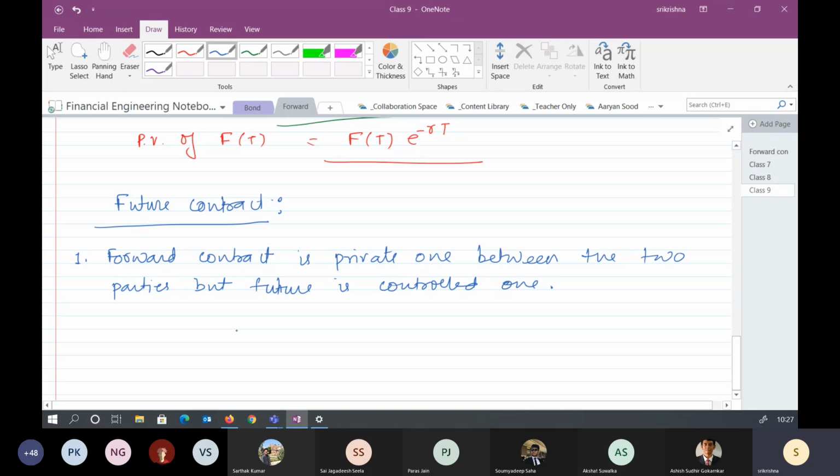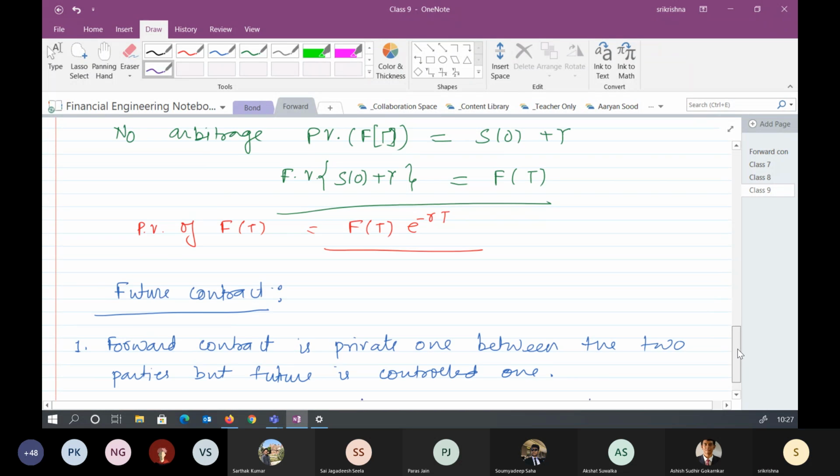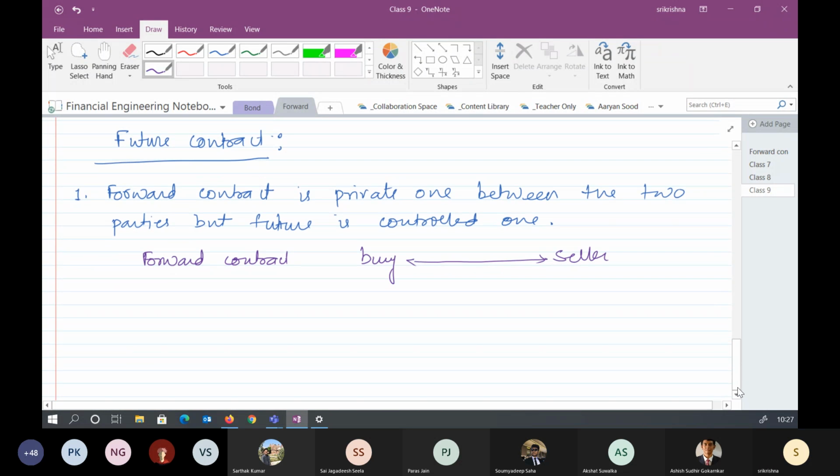So try to understand. If we have a forward contract, there is a buyer and there is a seller. They know each other and they enter into the forward contract. But if you have a future contract, it may be possible that buyer and seller don't know each other.